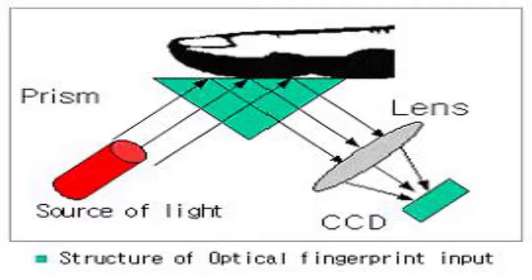Beneath this layer is a light-emitting phosphor layer which illuminates the surface of the finger. The light reflected from the finger passes through the phosphor layer to an array of solid state pixels, which capture a visual image of the fingerprint.